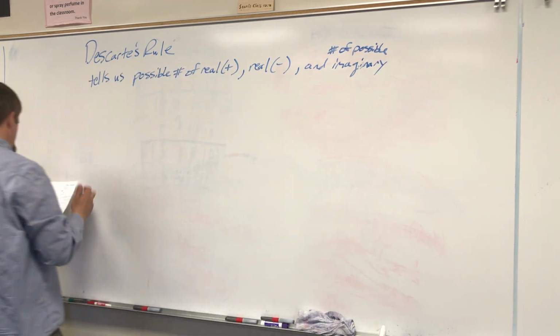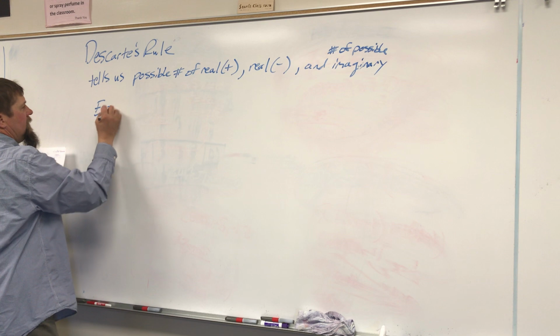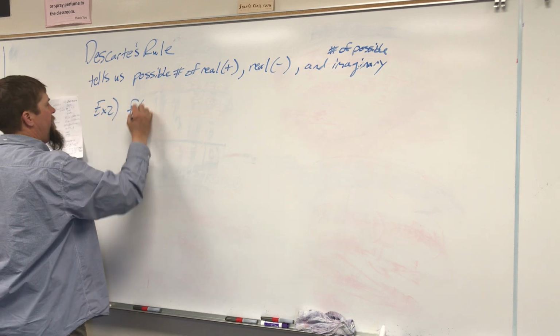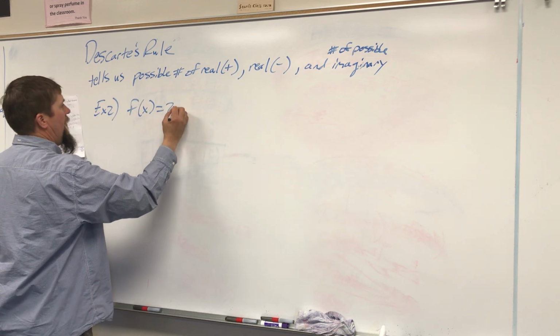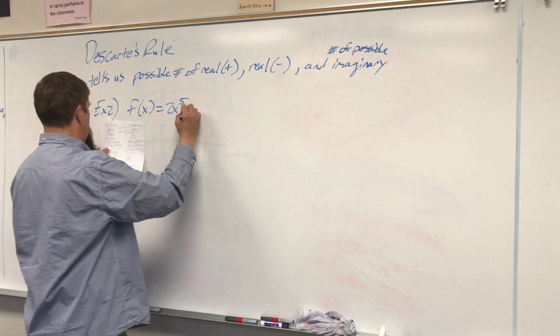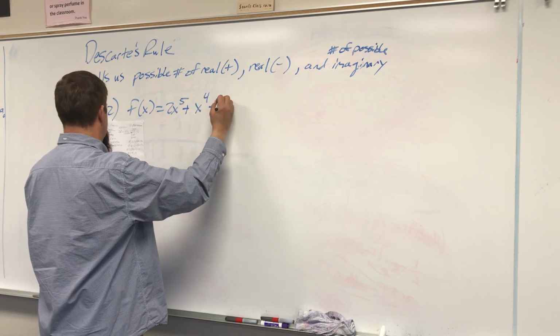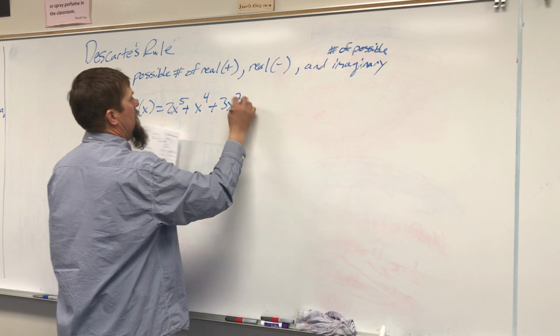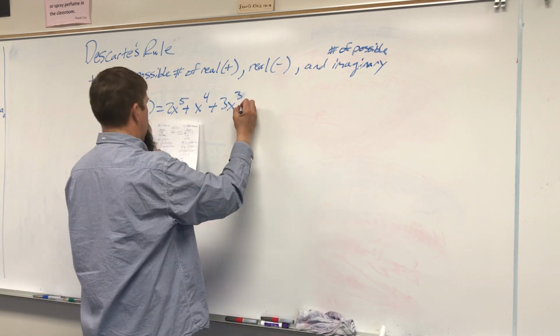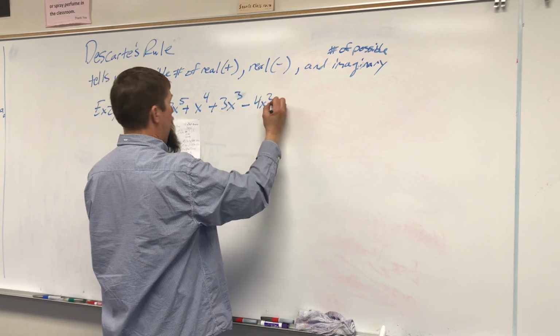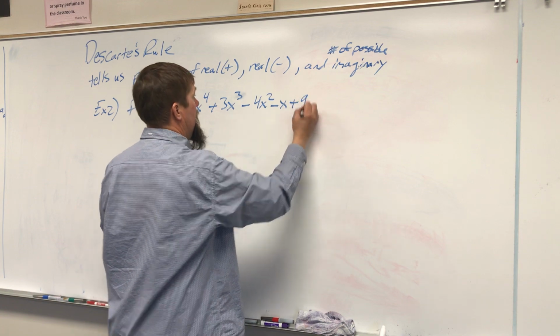Okay, so here's an example. It's example 2 in your book. f of x equals 2x to the 5th plus x to the 4th plus 3x cubed minus 4x squared minus x plus 9.